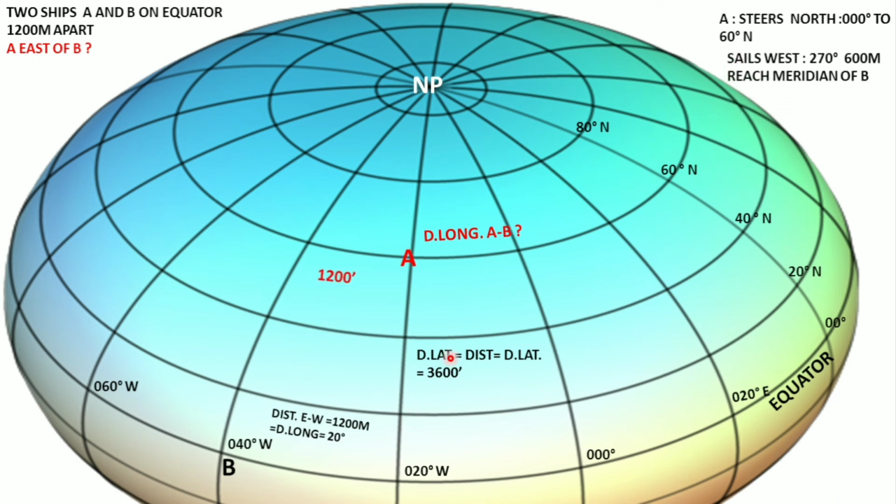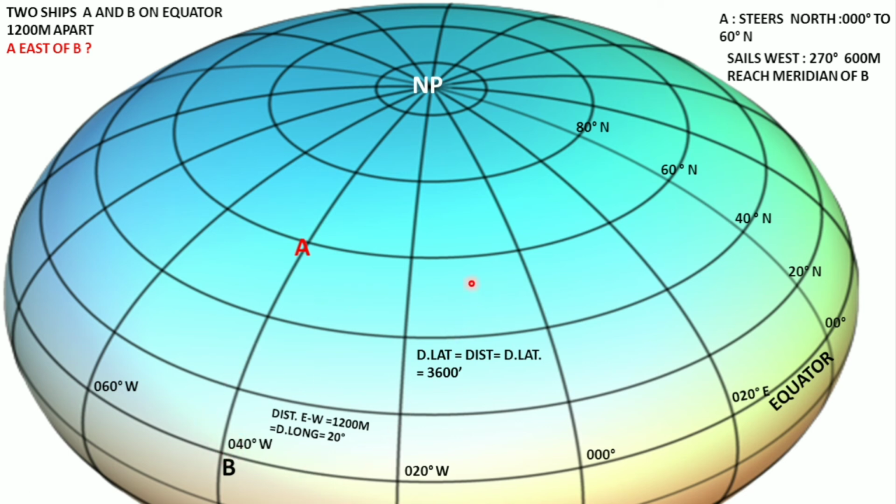Now let us sail west and come to the meridian of B. Now what has happened? A has sailed along a latitude. Along the latitude, that means she has gone east or west. The distance sailed is departure also. And she has come back to the meridian of 40.